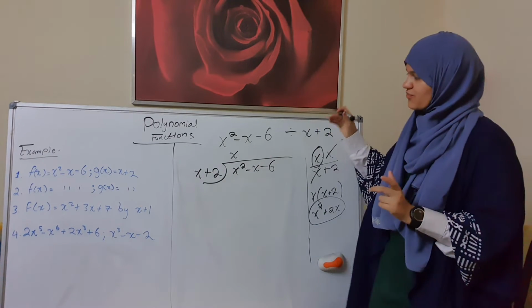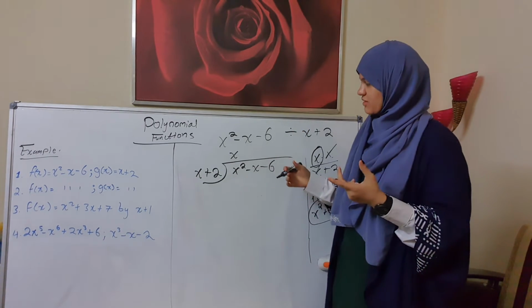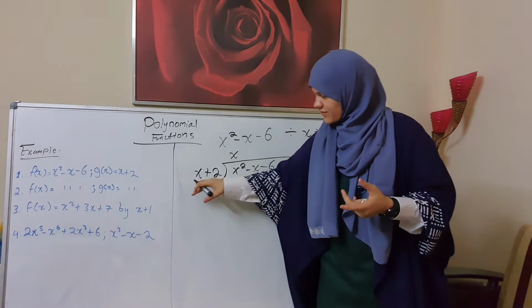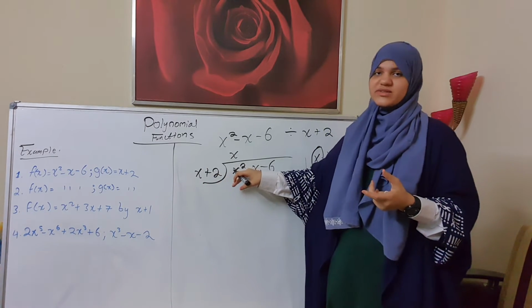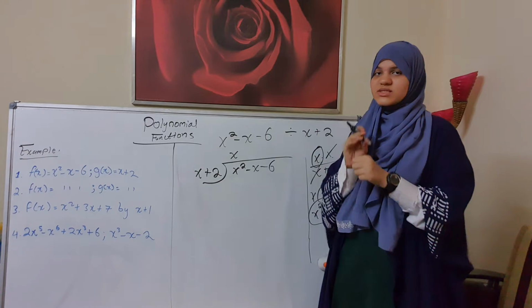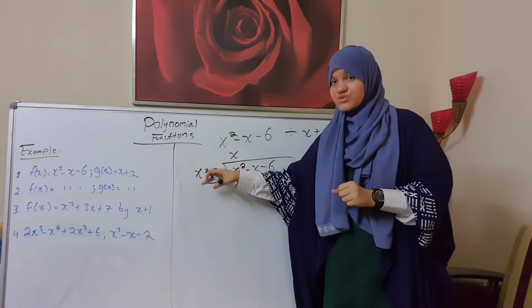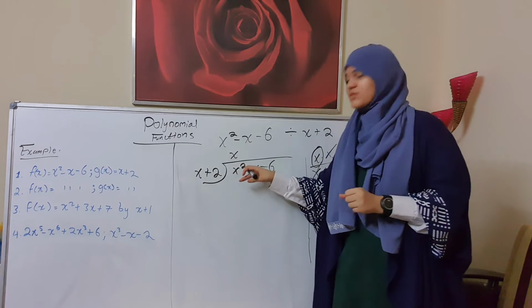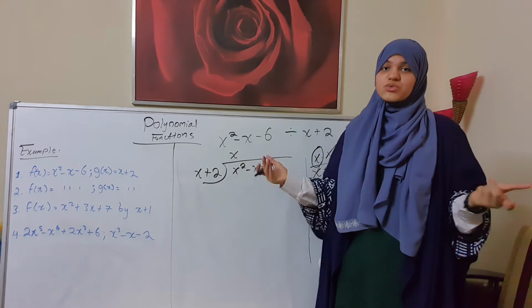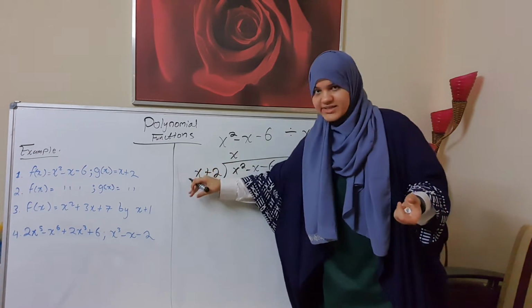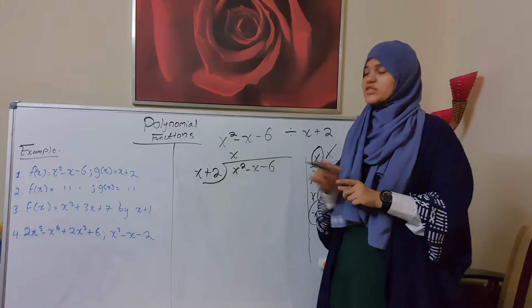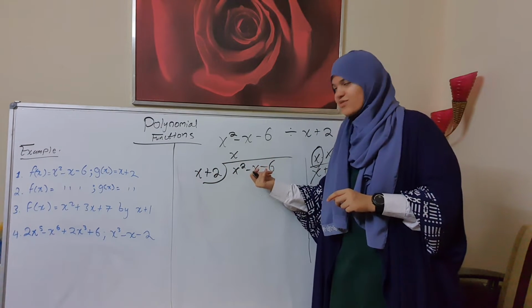And also you can do it by guessing. Like for example here, what do we have? x plus 2, right? And we have x squared. So what is the variable that can be multiplied by x plus 2 to give us x squared? Of course it will be x. Why? Because x times x is x squared. Okay, what about the x here? We already have x.